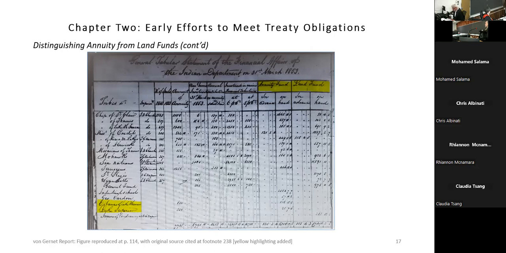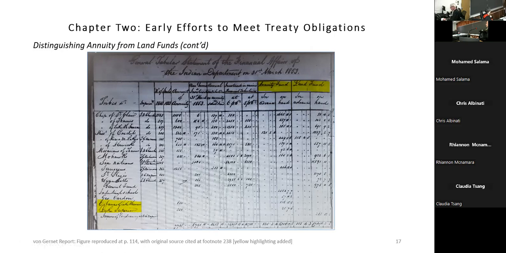So for example, there were revenues from timber on the reserves, right? So if a First Nation had sold a portion of a reserve, revenues from timber or from land sales of some sort would all go into their land funds, right? Would not go into annuity funds. But those were reserve based.